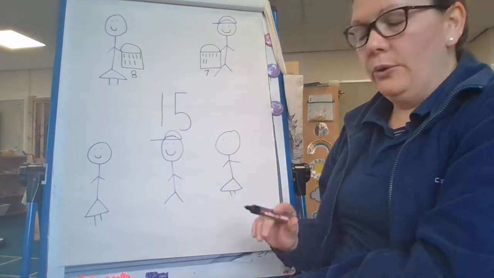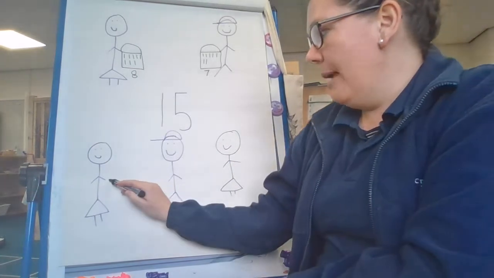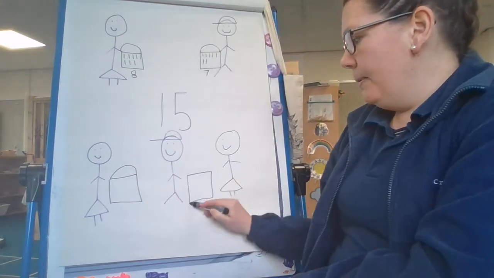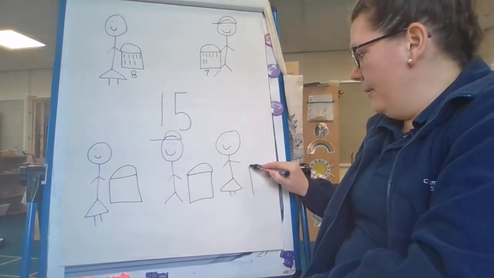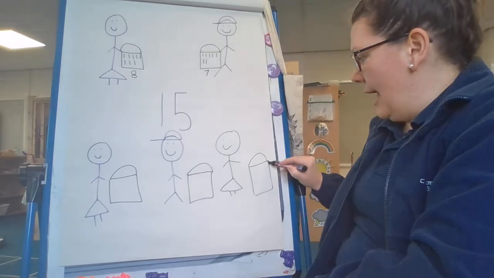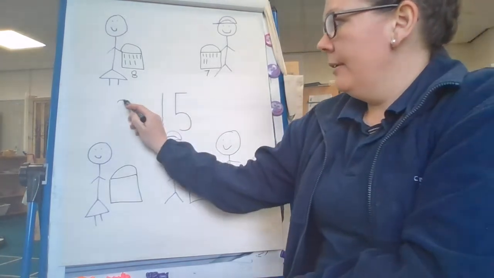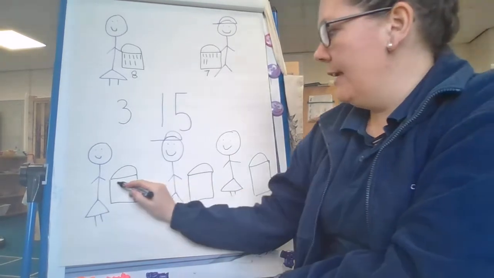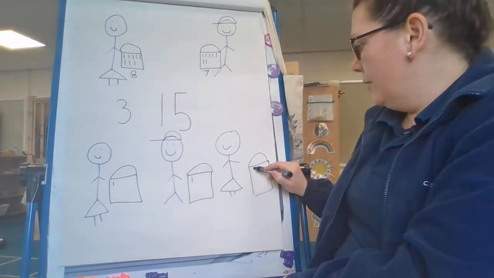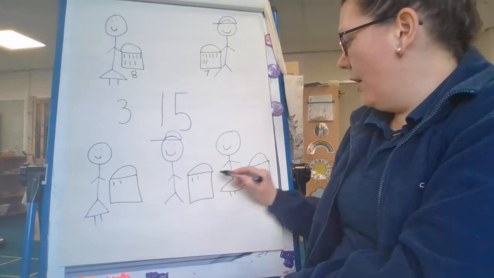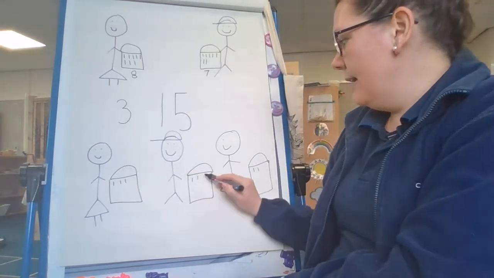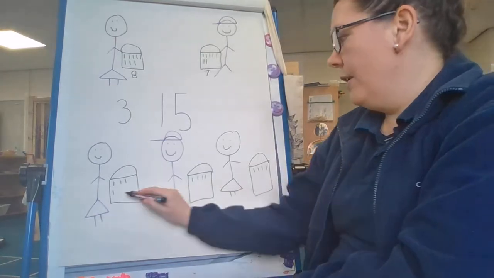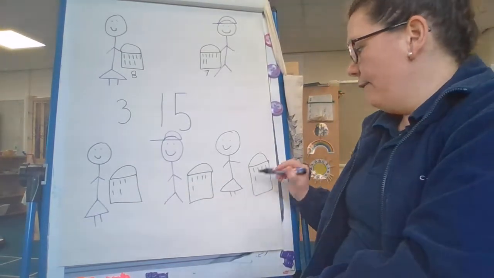Now these have also gone to the party today and they've got their party bags. Can we share 15 between 3 people? Can we share an odd number, which is 3, between an odd number? Let's have a go. Ready? 1, 2, 3, 4, 5, 6, 7, 8, 9, 10, 11, 12, 13, 14, 15.